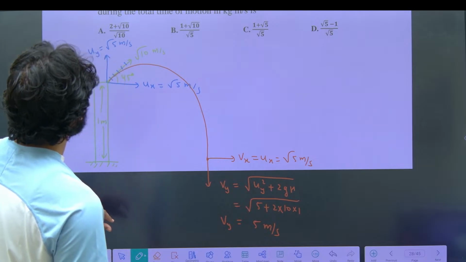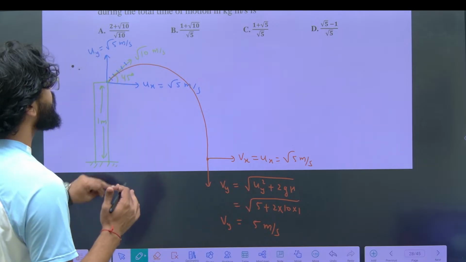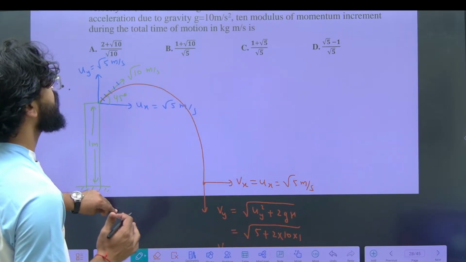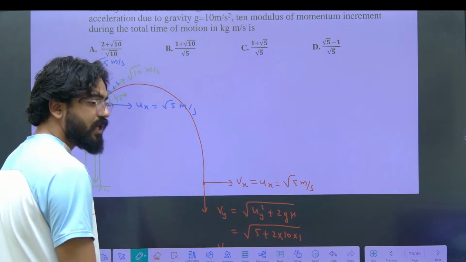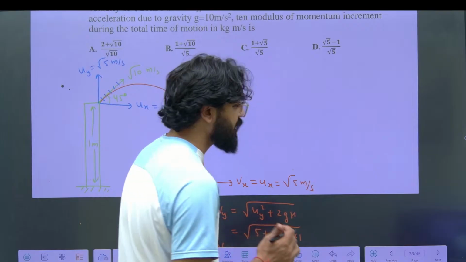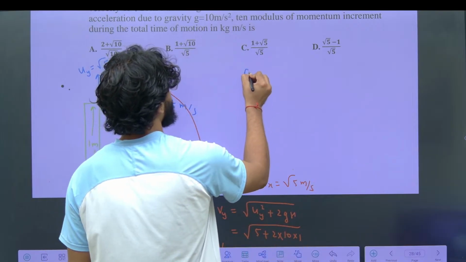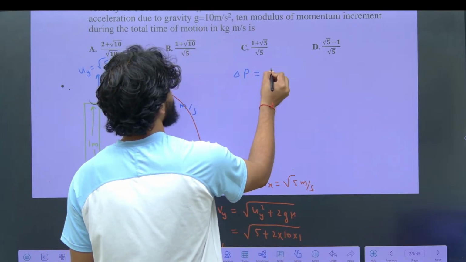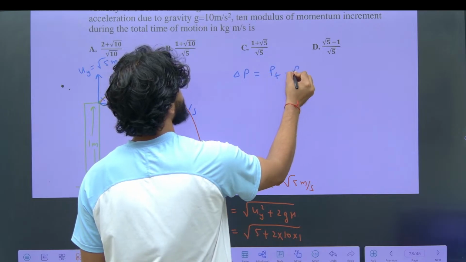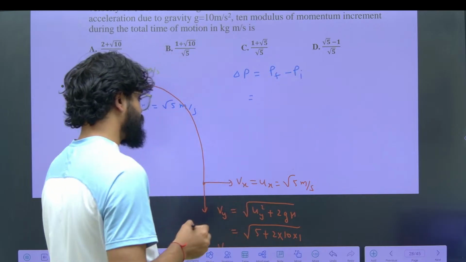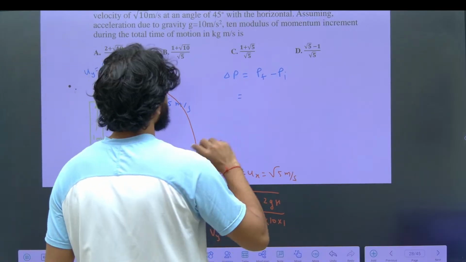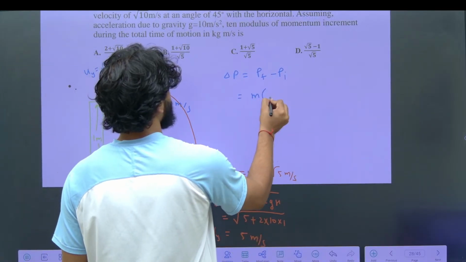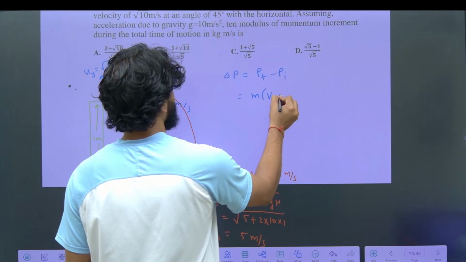Okay. So we have to calculate the increment in the total momentum. It's a vector quantity, we all know that, right? So we have to respect that. Increment will be pf minus pi. What is pf? I'm writing m only, m into v.